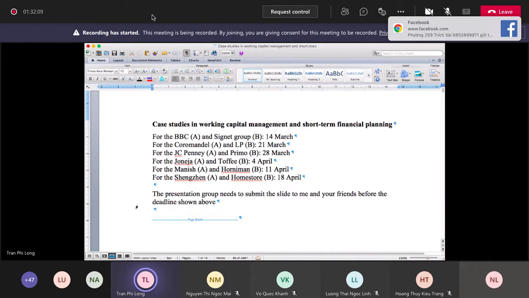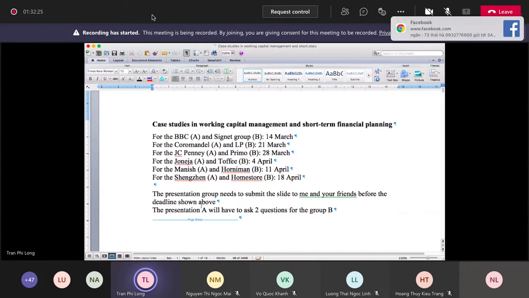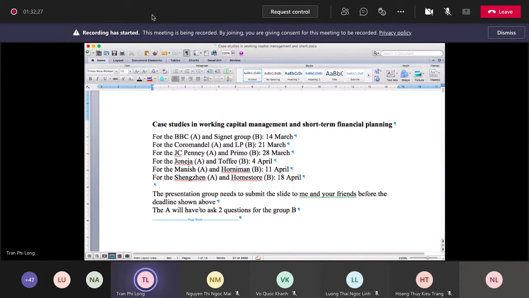And group A, or presentation A, has to ask 2 questions for group B. For example, the BBC group will have to ask 2 questions for the Signet group, and the Signet group will have to ask 2 questions for the BBC group, something like that.